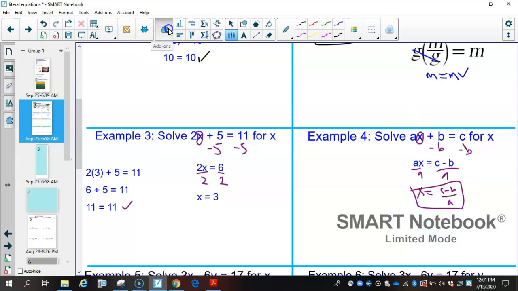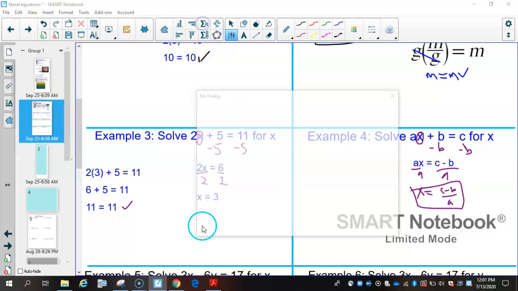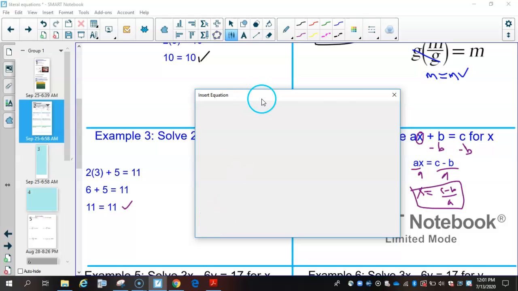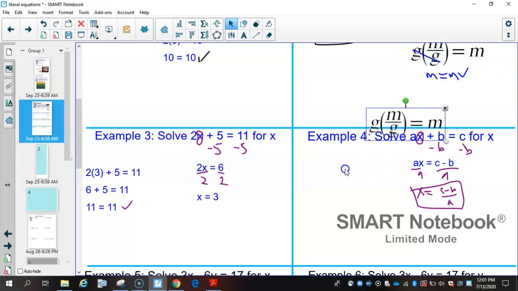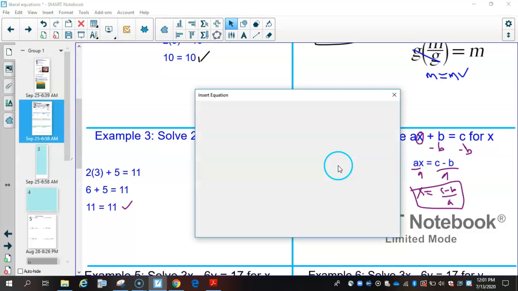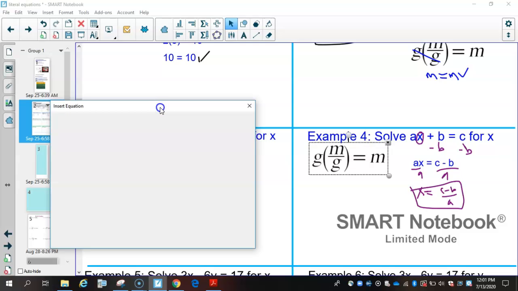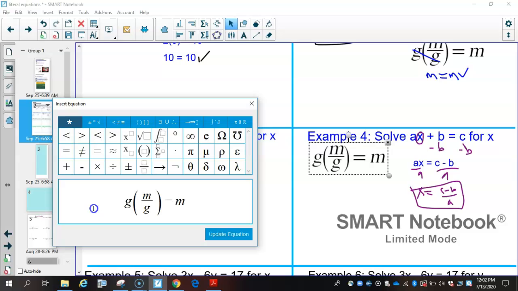I'm going to do that by doing the equation again. Oh, actually, I'm going to do this. I know that's not the same equation. It's just easier to duplicate and then change than to add a new one, resize it, bring it down, and things like that. Okay, so I'm going to completely get rid of this.